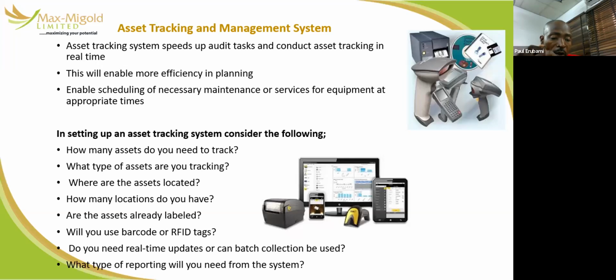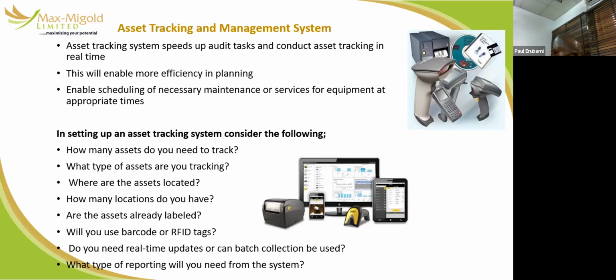Will you use barcode or RFID tag? Do you need real-time updates, or can batch collection be used? That means you have to go point by point, equipment by equipment. What type of reporting will you need from the system? These are all the information that will form your asset auditing when you want to carry it out. And this is very, very key.